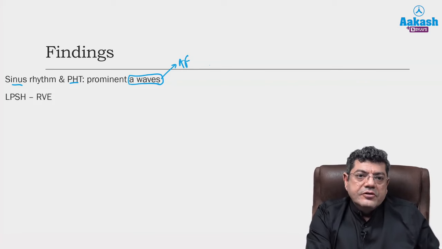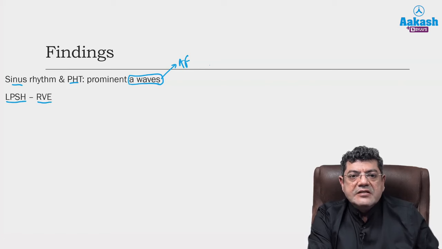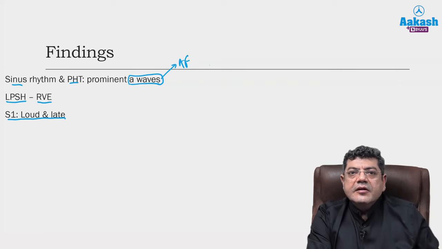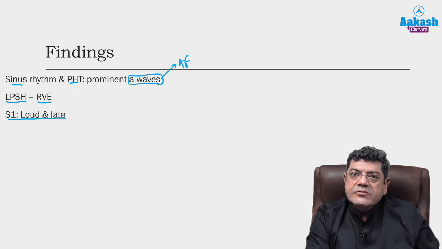On palpation, you will feel a left parasternal heave, which is evidence of right ventricular enlargement. The S1 comes loud and late, right? The reason for a late S1 is because the ventricular pressure takes time to overcome the elevated left atrial pressure.